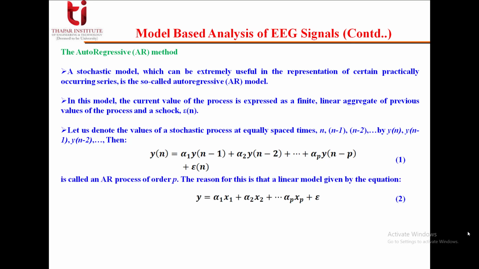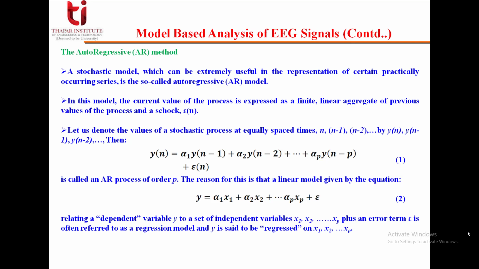So this is an AR process of order p, and we call it a linear model as it can be given by the equation you can see in number 2, y equals alpha 1 x1 plus alpha 2 x2 up to alpha p xp plus epsilon.